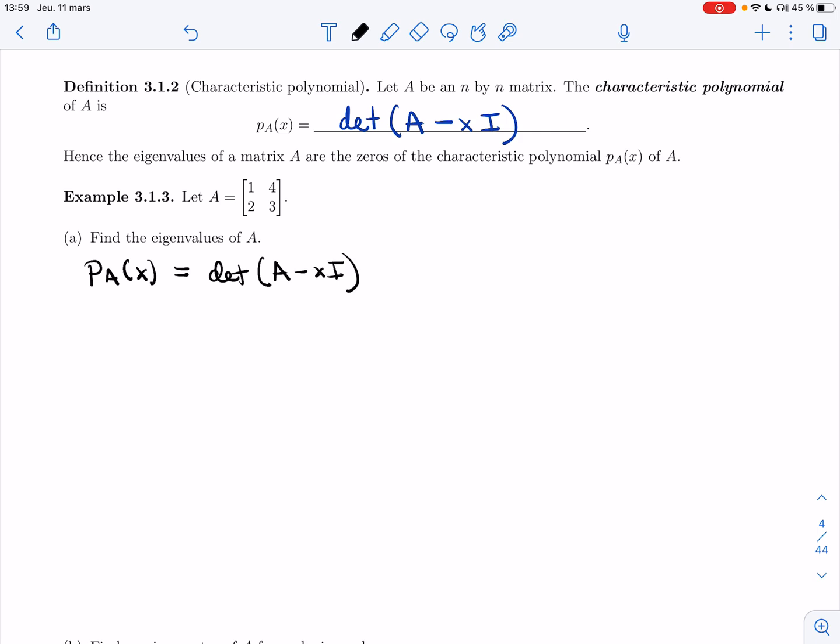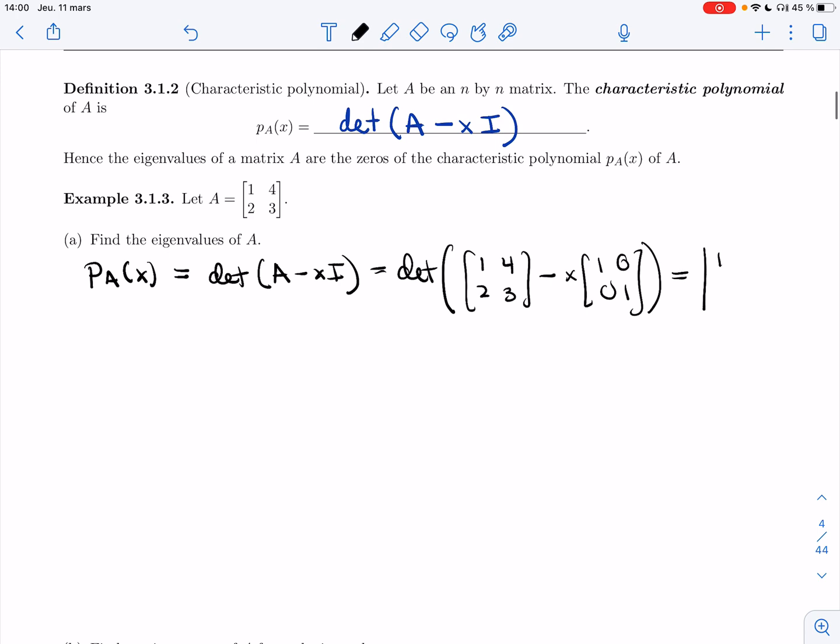All right, so we want the determinant of A minus x times I. So really we're looking at the determinant of 1 minus x, 4, 2, 3 minus x.